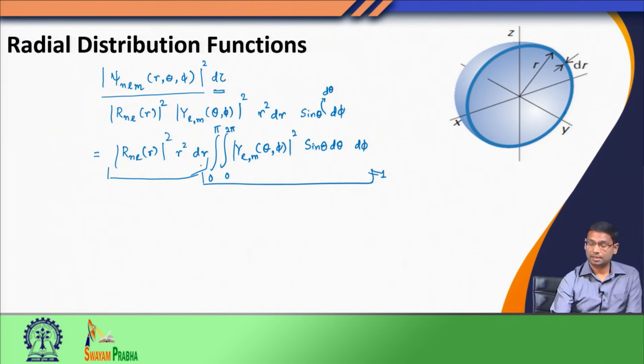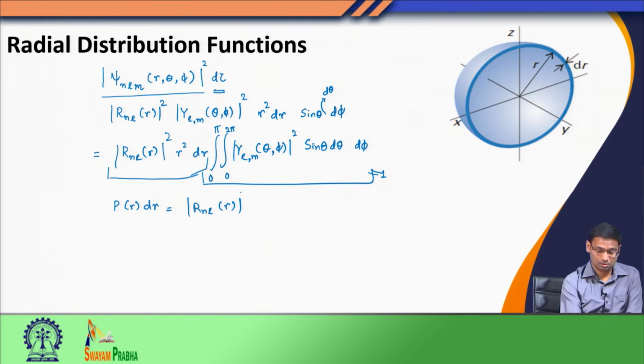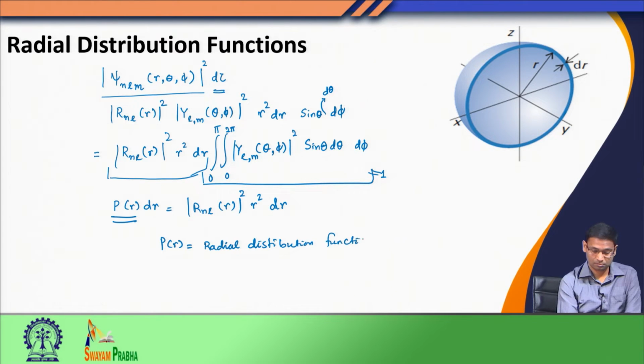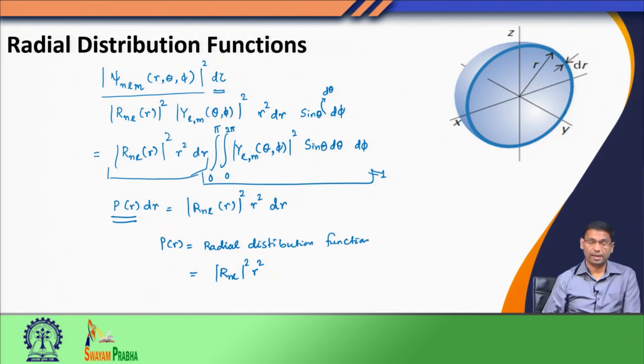When I integrate this part out, I am left with this term, and I call this P of r, where P of r is known as the radial distribution function, given as the absolute square of R n l multiplied by r squared.